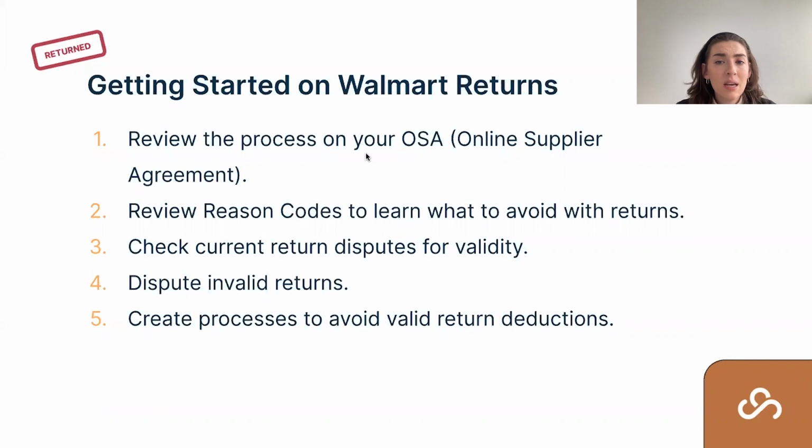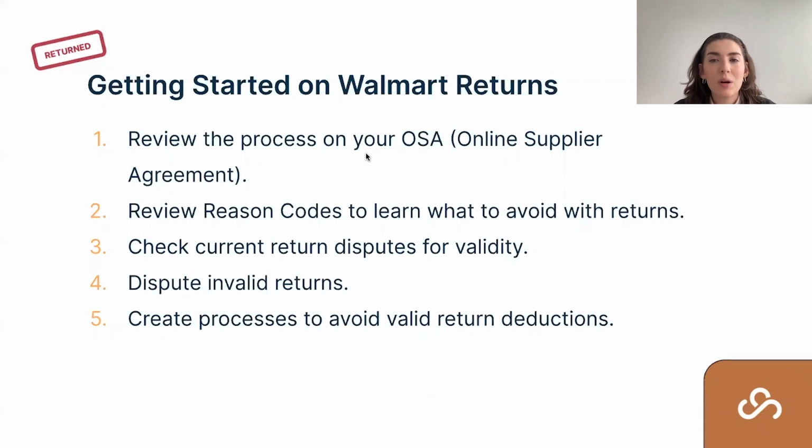The second thing, if you're getting started looking at your Walmart returns, review the reason codes and learn what to avoid with returns. There are roughly 75 AP deduction codes at Walmart, and we actually have a resource that I'm sure Peter can link in the chat below of the different fines you can receive, what the codes actually mean, like what is a code 22?